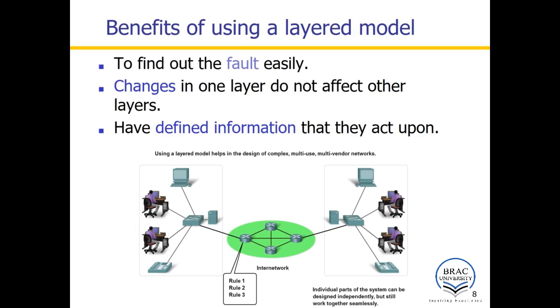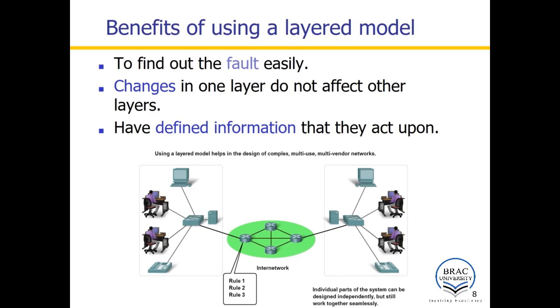So what are the benefits of using this layer? Basically, the layer model or this kind of layering steps make it easier to find any kind of fault that might happen. In the example that I have shown previously, for example, if the language is a barrier, we can easily identify what the problem was.